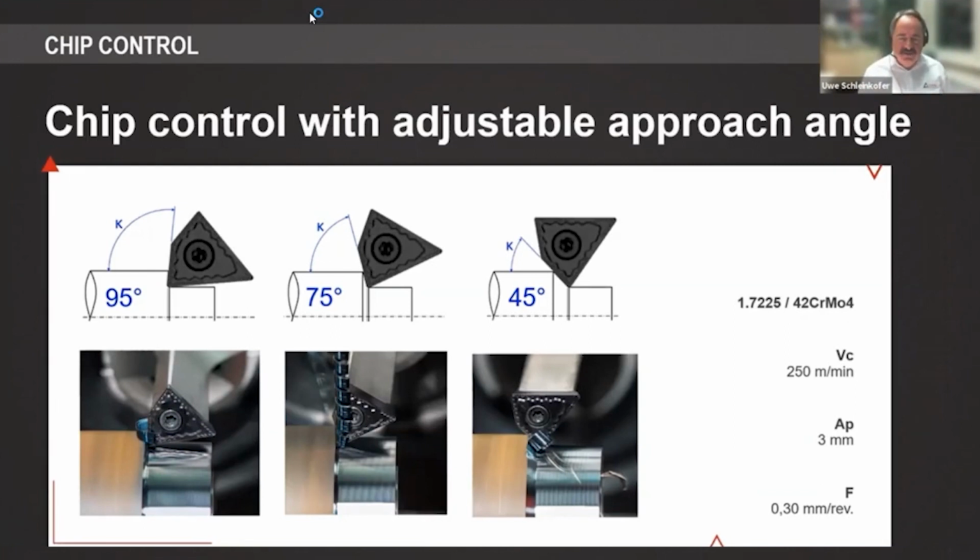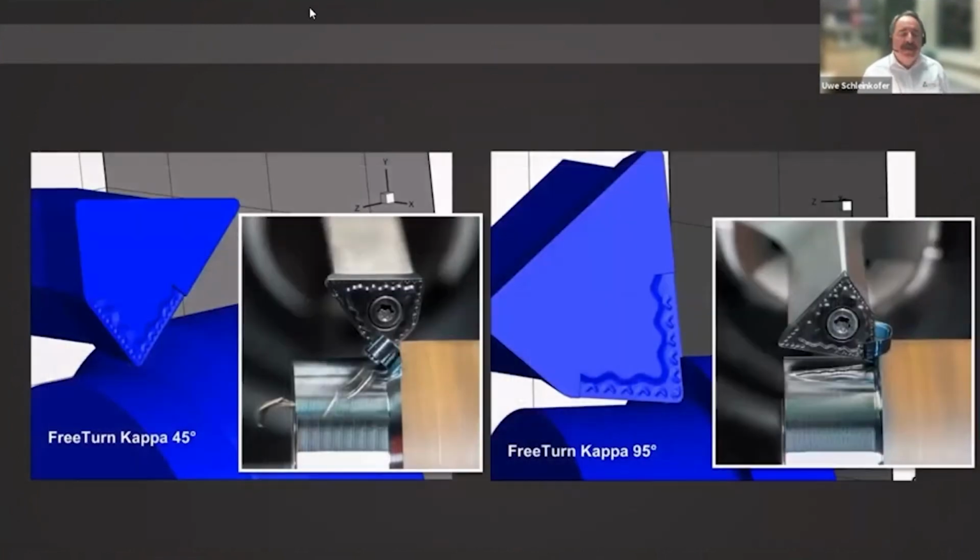And to show you the chip formation, because pictures are only one side of the story, I show you a simulation of that. That is shown here for an approach angle of 45 degrees and 95 degrees.